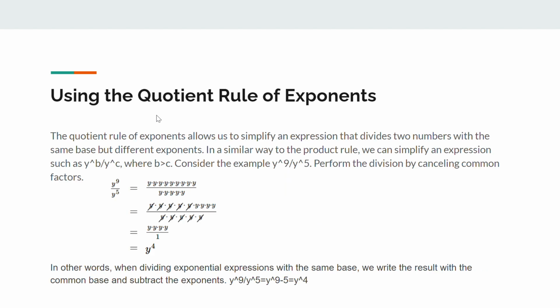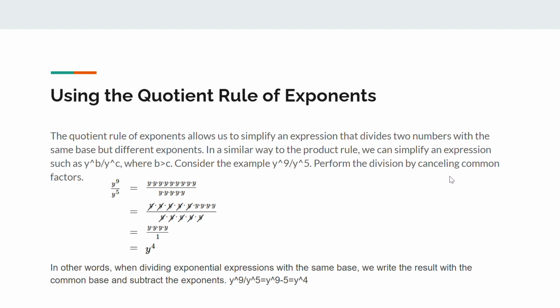So the next rule is the quotient rule. The quotient rule of exponents allows us to simplify an expression that divides two numbers with the same base but different exponents. In a similar way to the product rule, we can simplify an expression such as y to the power of b over y to the power of c, where b is greater than c. Consider the example y to the power of 9 over y to the power of 5.